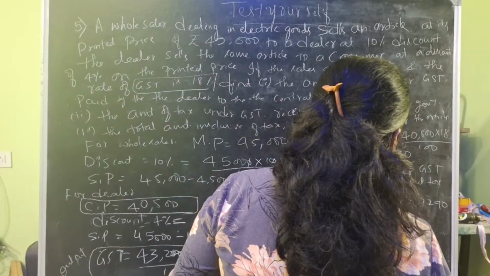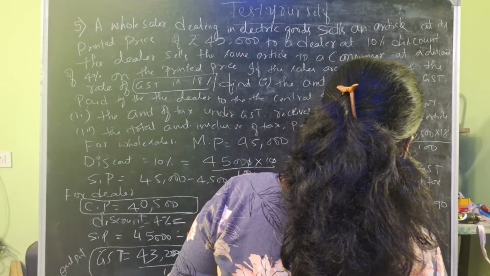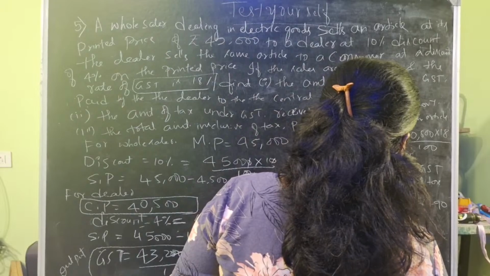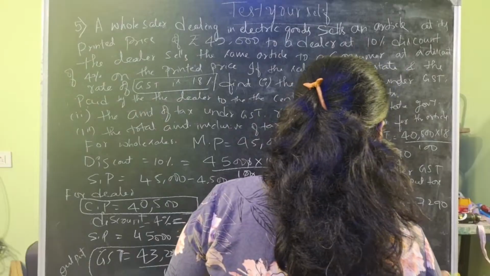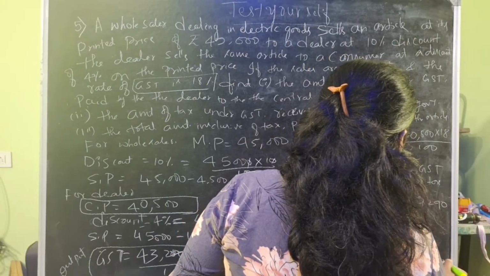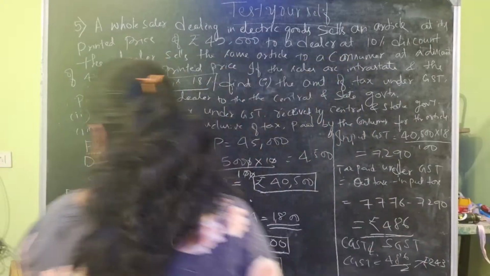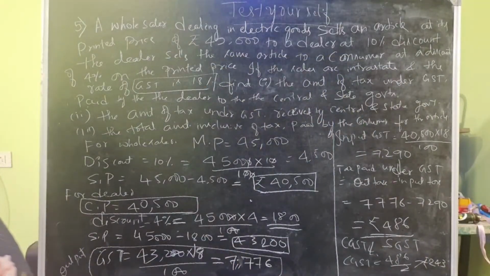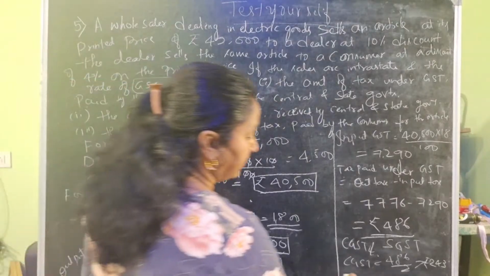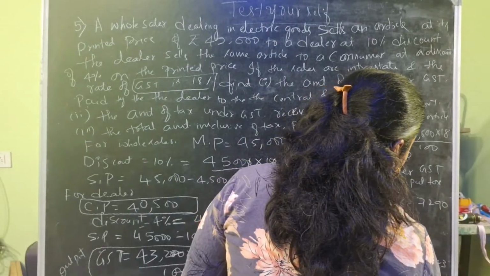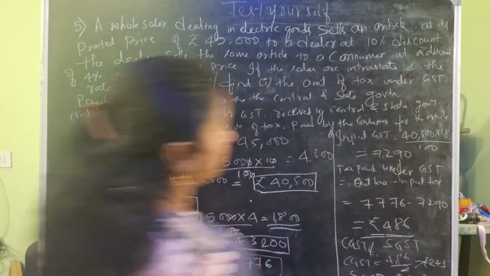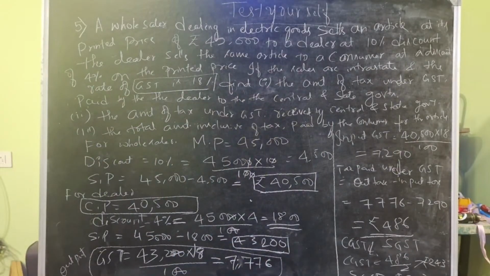That means CGST is equal to half of GST, which is equal to 486 divided by 2, which is equal to 243. So rupees 243 is the CGST and SGST amount paid by the dealer to the central and state government.